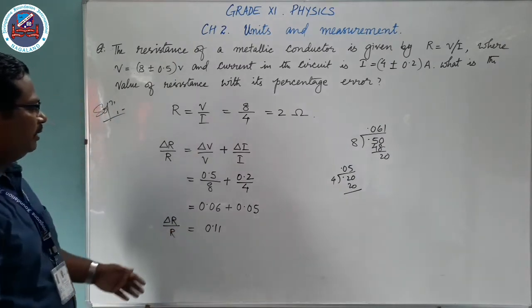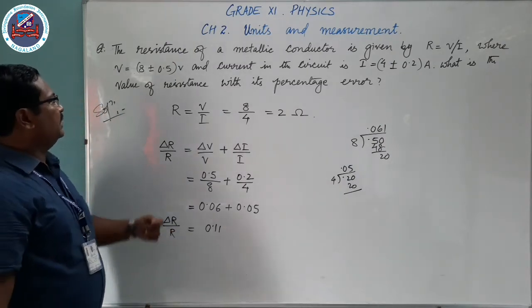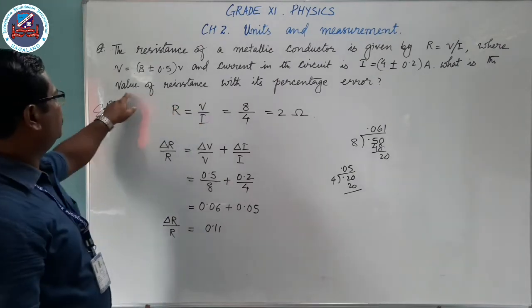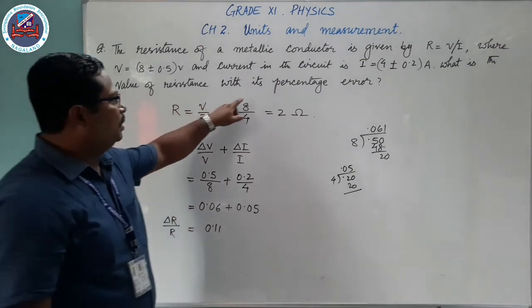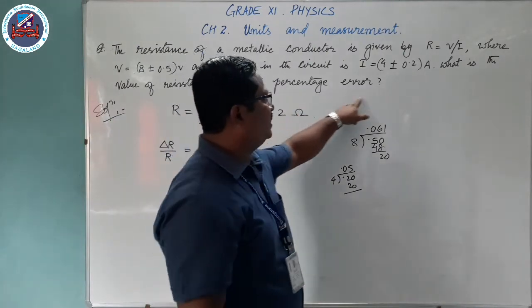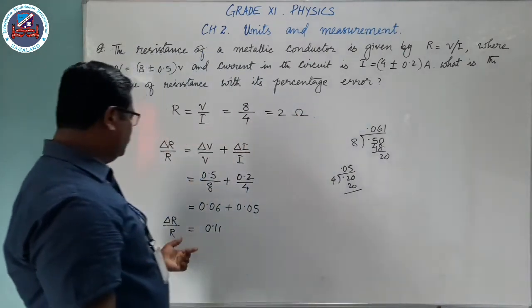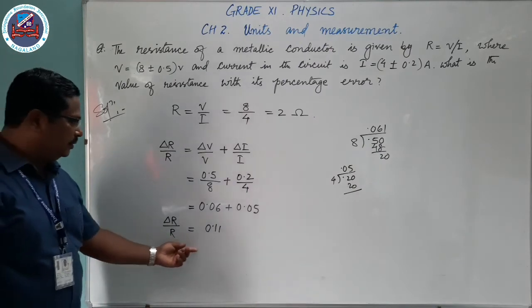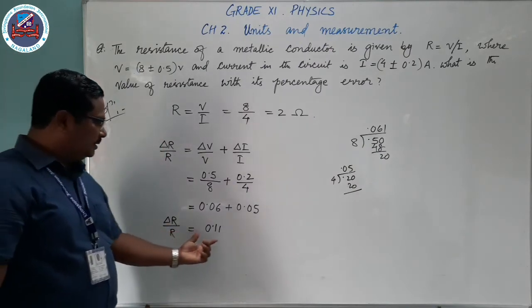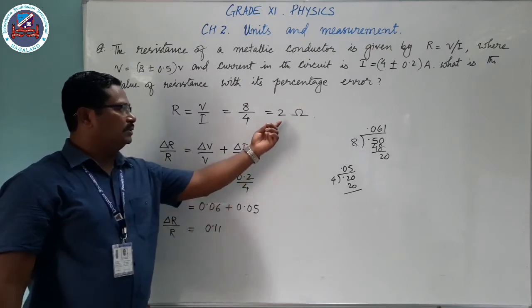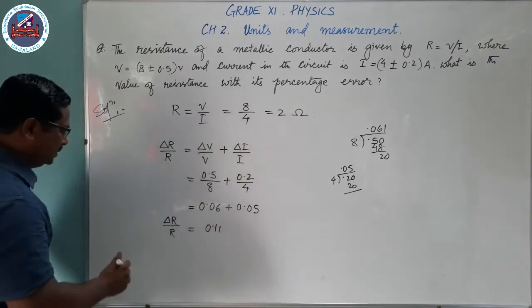After you find out the relative error, here in the question they are asking the value of resistance with its percentage error, not with relative error. If it is with relative error, then your true value of resistance plus or minus this value 0.11 will give you the value of resistance.